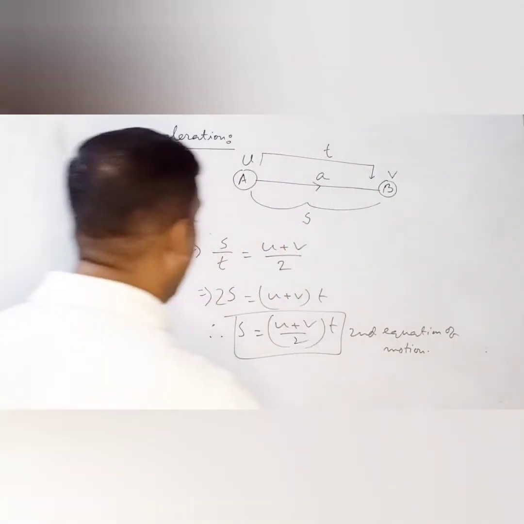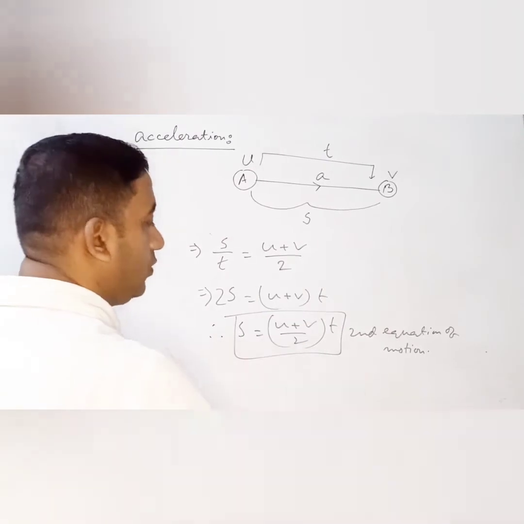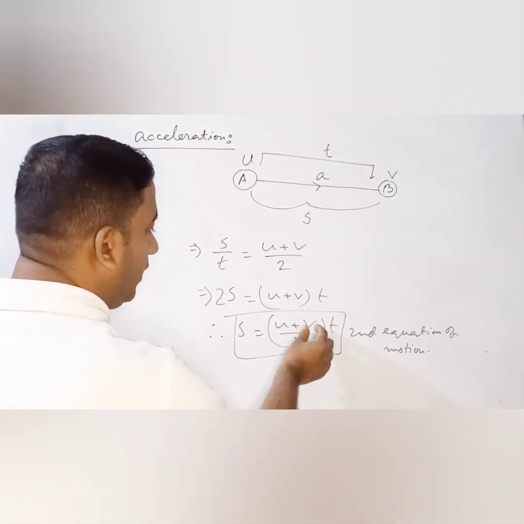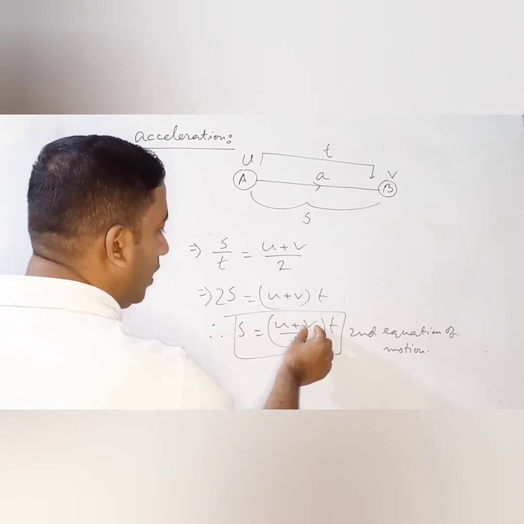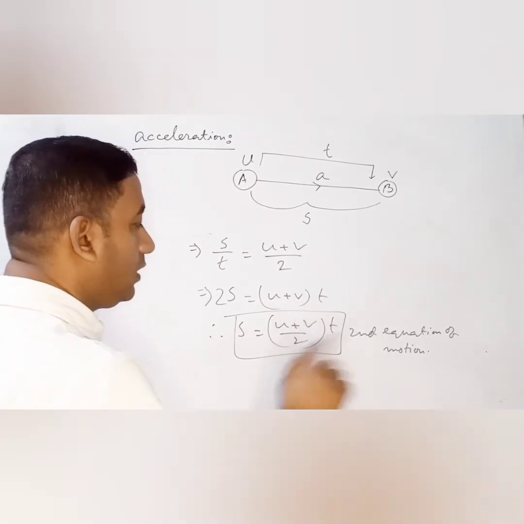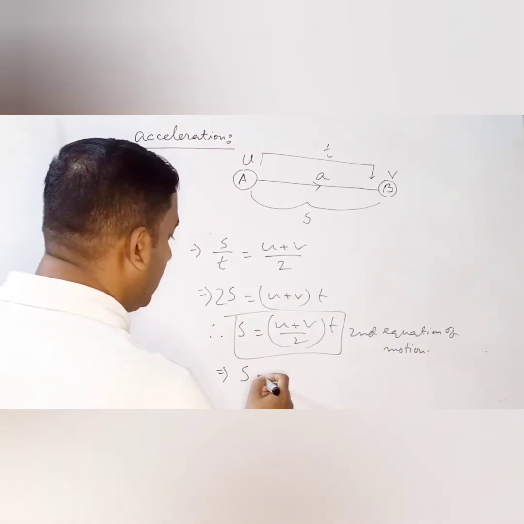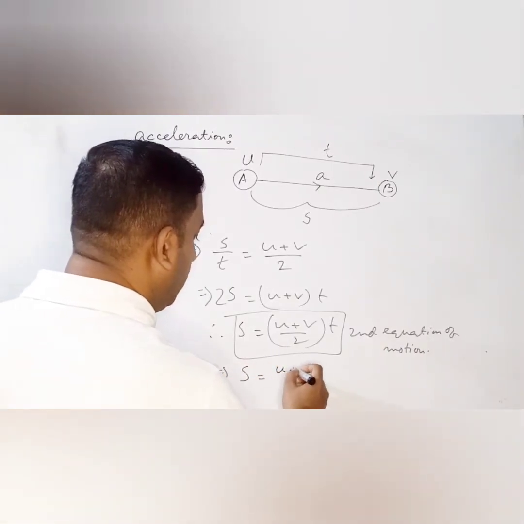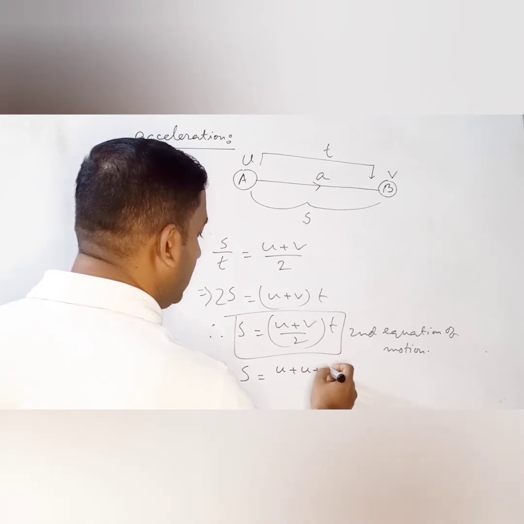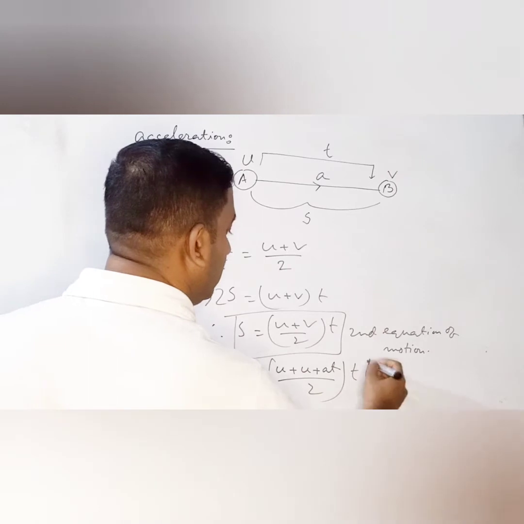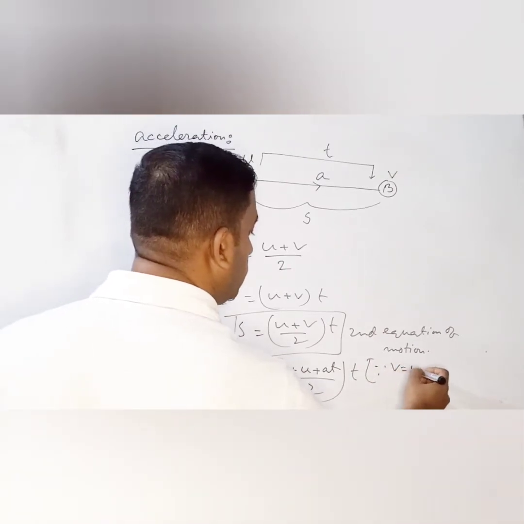Then we would like to discuss the third equation of motion. It's very simple. If we put the value of v that we got in the first equation, then we can say that s equals u plus at divided by 2 whole into t.